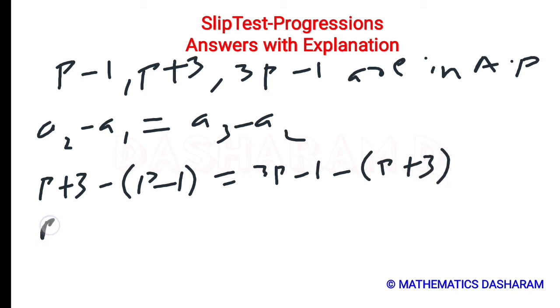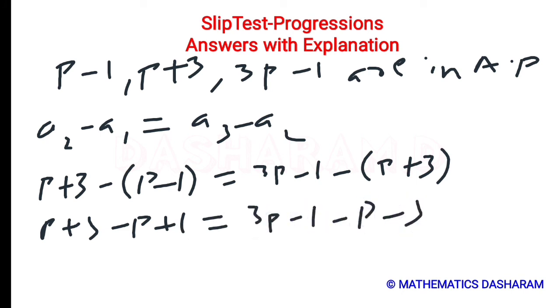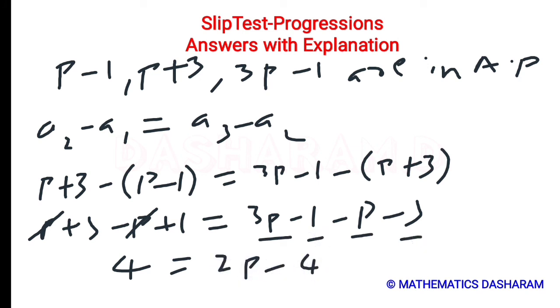So here p plus 3, now remove the bracket, minus p plus 1. So 3p minus 1, remove the bracket, minus p minus 3. So p minus p cancels, 3 plus 1 is 4, and here 3p minus p is 2p, minus 1 minus 3 is minus 4.